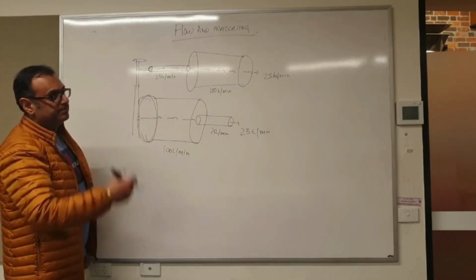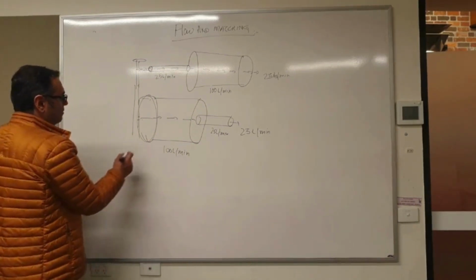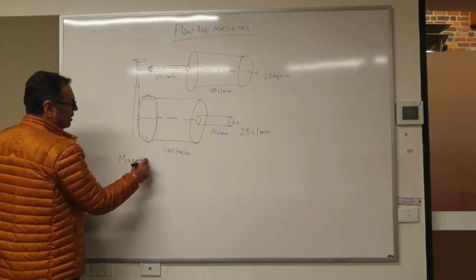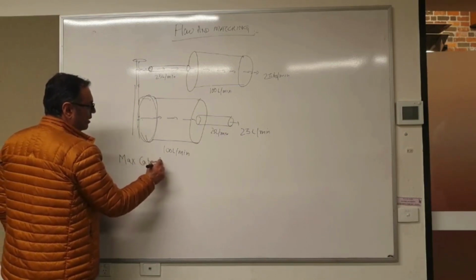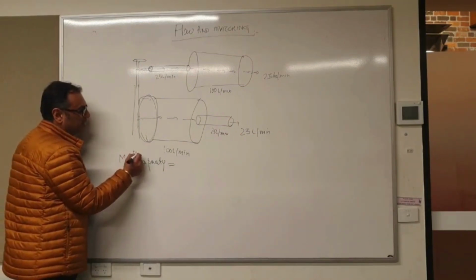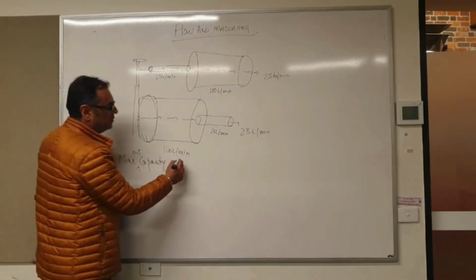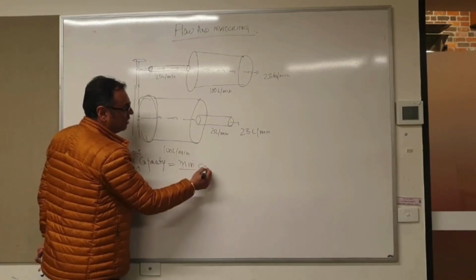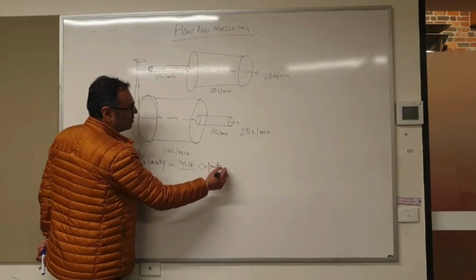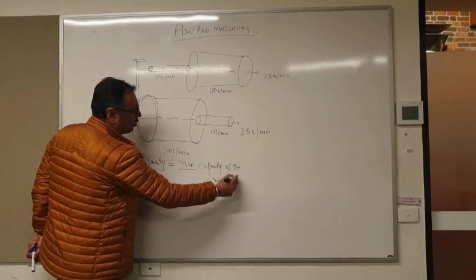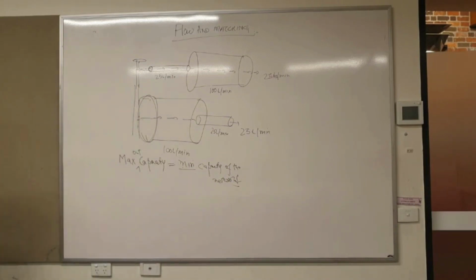Right? So the max output capacity equals the minimum capacity of that network. Right? All good?